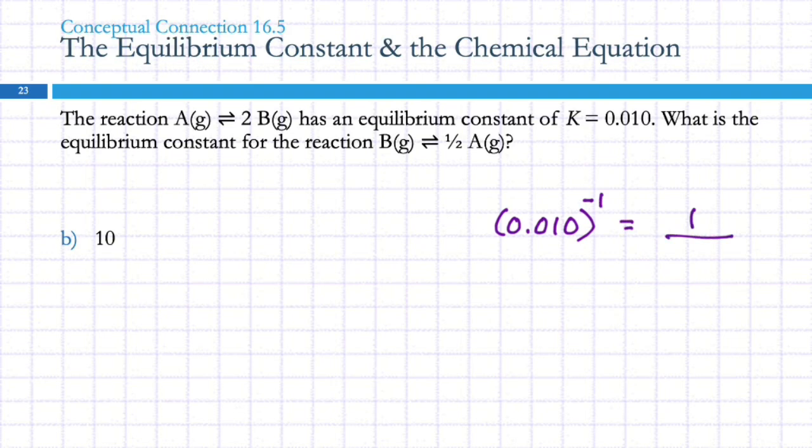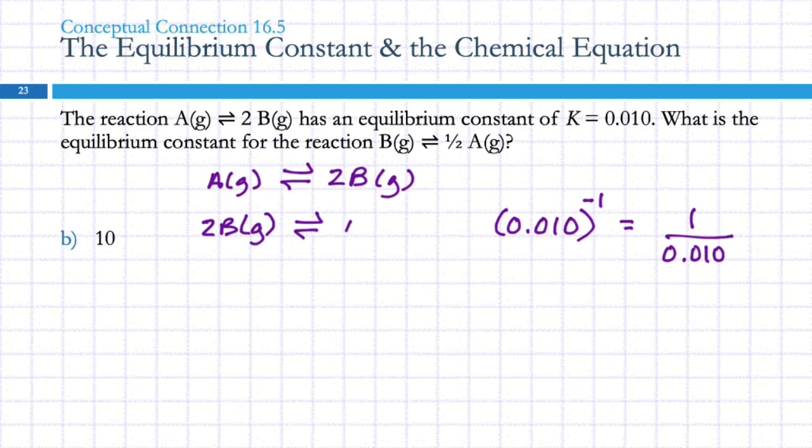You could also write that as 1 over 0.010. So, reversing the direction of the equation, we take the equilibrium constant and raise it to the -1 power, which is the same as 1 over. That makes sense?